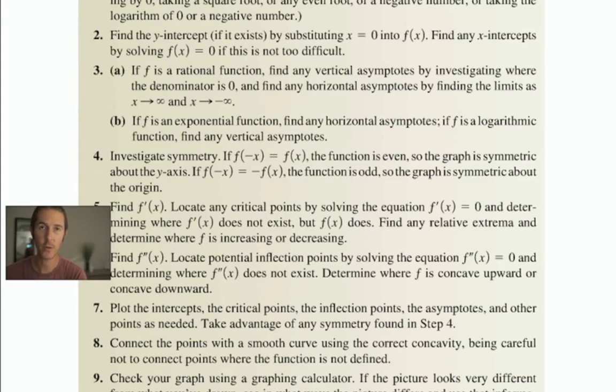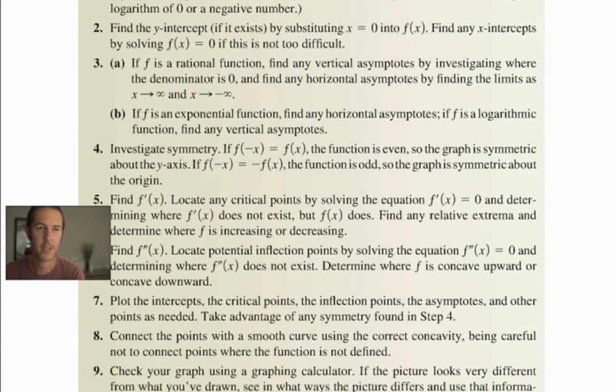If the degree of the numerator is 1 larger than the degree of the denominator, if it's reasonable for you to do the long division, the result of the long division process, disregarding the remainder, will be the equation of your slant asymptote. And if you need a refresher on that, there are numerous videos, I'm sure, where you can go and find some information about slant asymptotes. And once I have all of my videos time-stamped, you could certainly search my channel and find a segment of one of my videos about slant asymptotes.